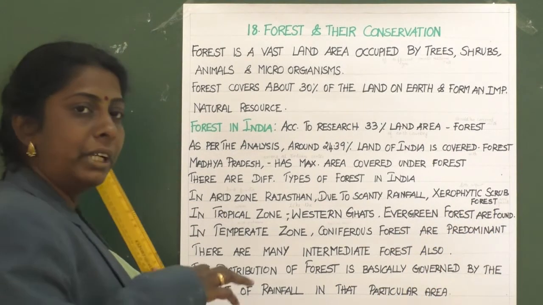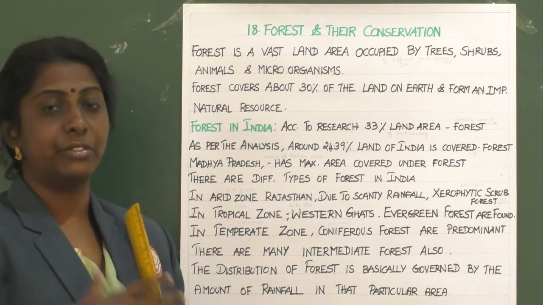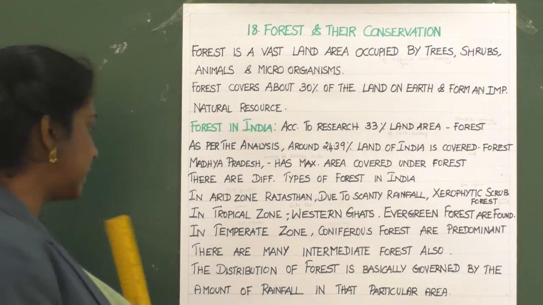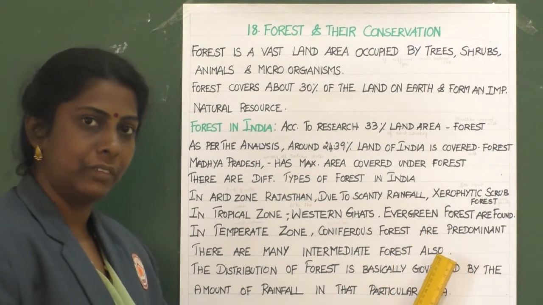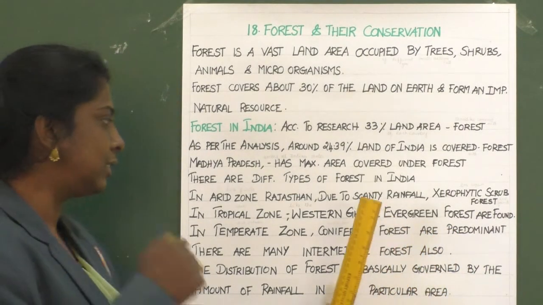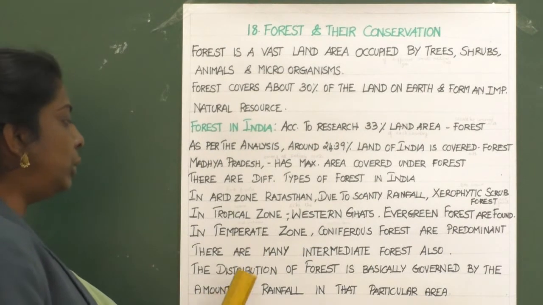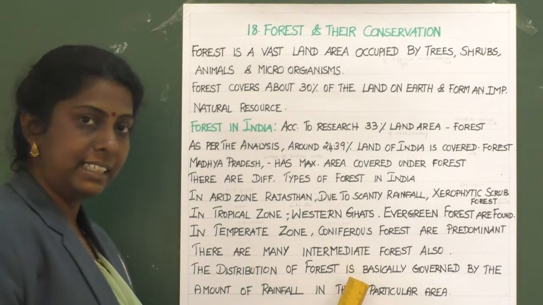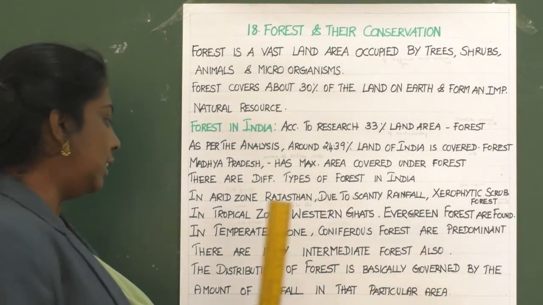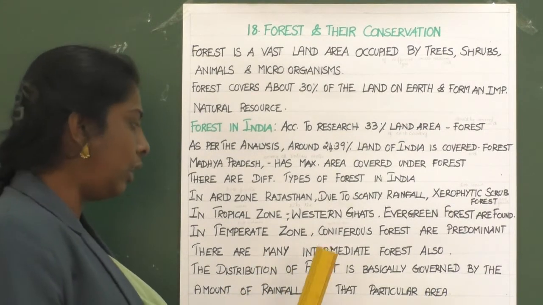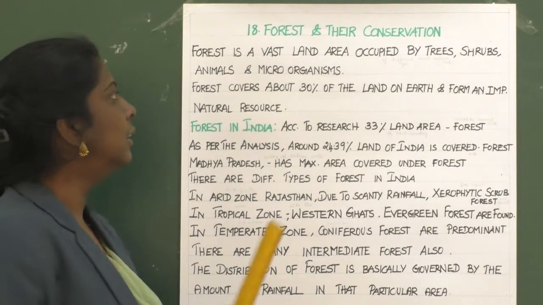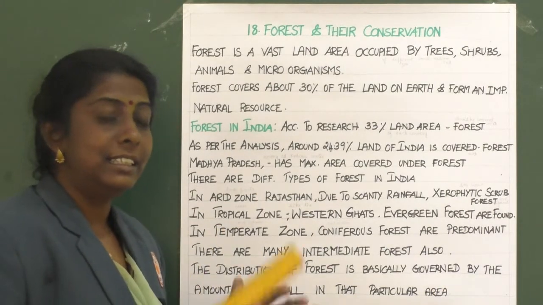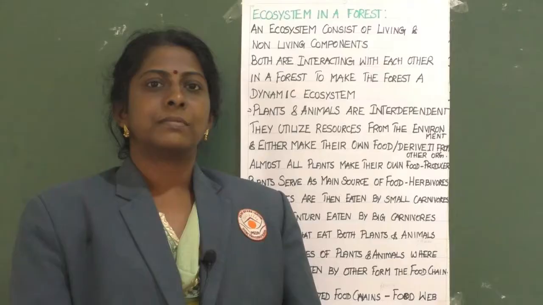So like this, there are many different types of forests. There are many intermediate forests also. The distribution of forest is basically governed by the amount of rainfall in that particular area. Clear? Now let's learn about this in detail.